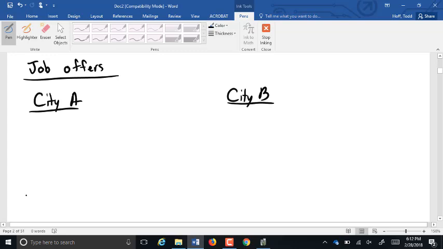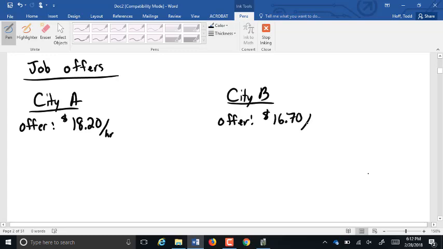The job offer in city A has a starting salary of $18.20 an hour, or starting wage, I should say, $18.20. The offer in City B has a starting wage of $16.70 per hour. Does that mean you should go for the offer in City A?